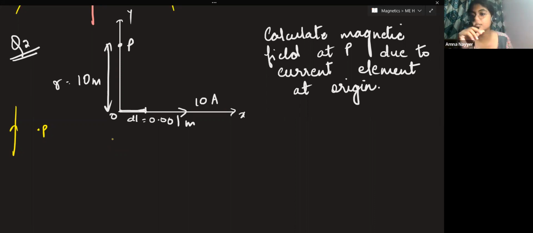This is the radius vector that is given to you. The current element, that small portion that has been cut, is 0.001 meter. The current that is flowing is 10 amperes. I think this much data is sufficient. Put it into the Biot law and see what answer you're getting.